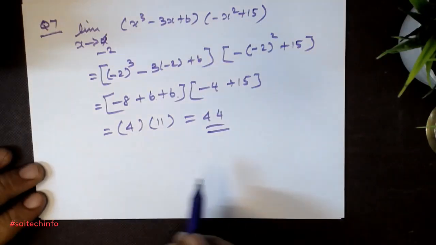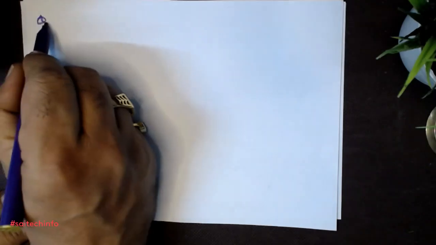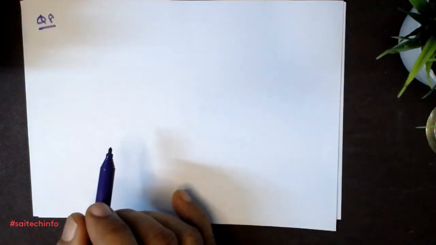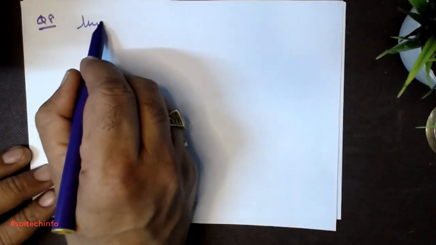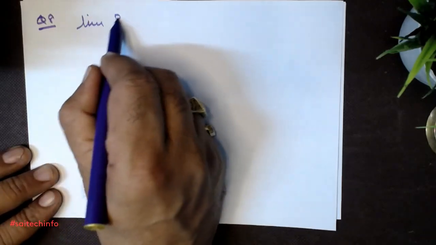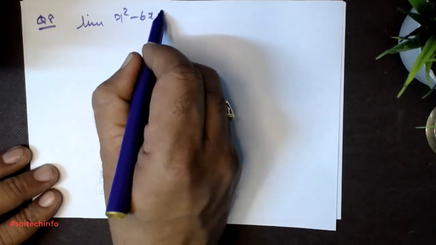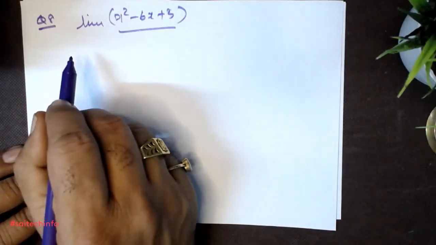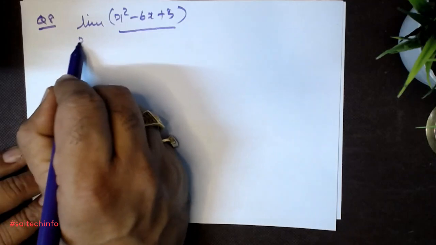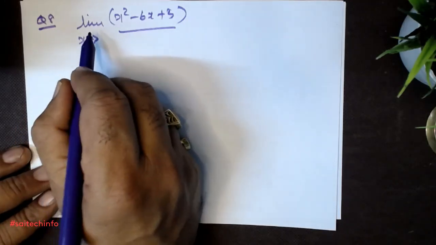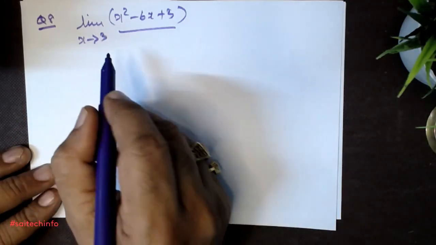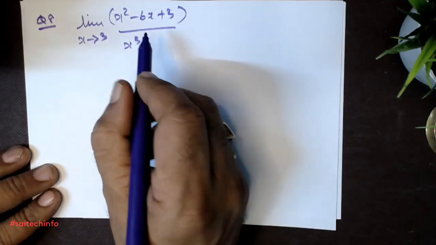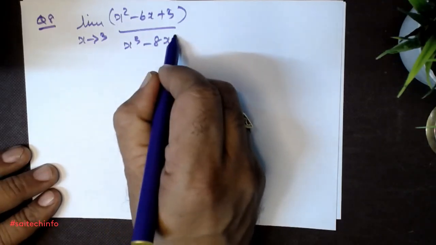Calculate the limit of x squared minus 6x plus 5, as x tends to 3, over x cube minus 8x plus 7.